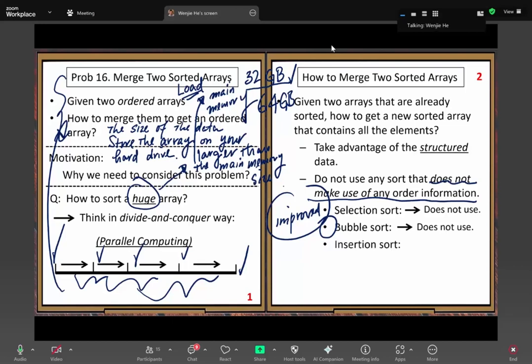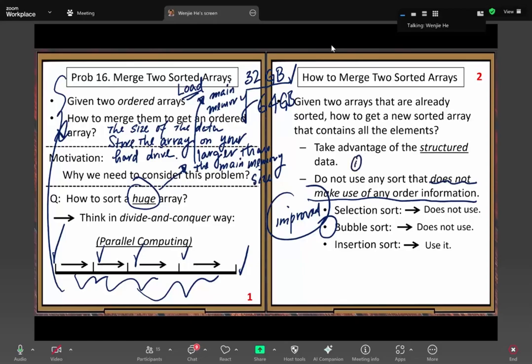Then insertion sort, that's quite different. In insertion sort, we actually use the order information a lot. Why do I say that? Because with ordered information and without ordered information, the difference is huge, right?